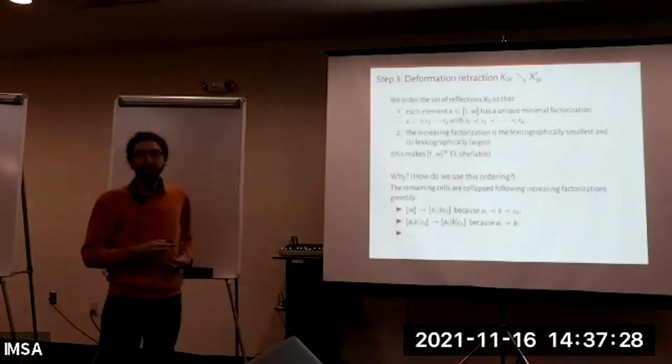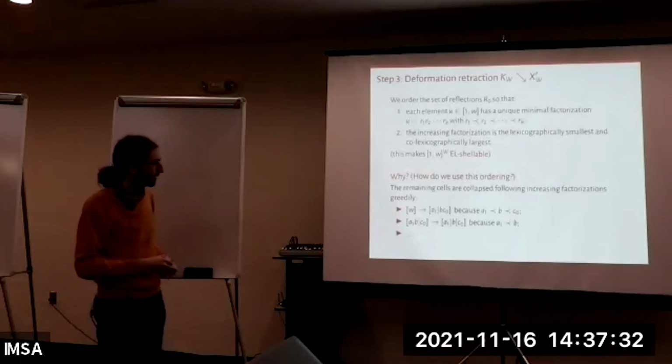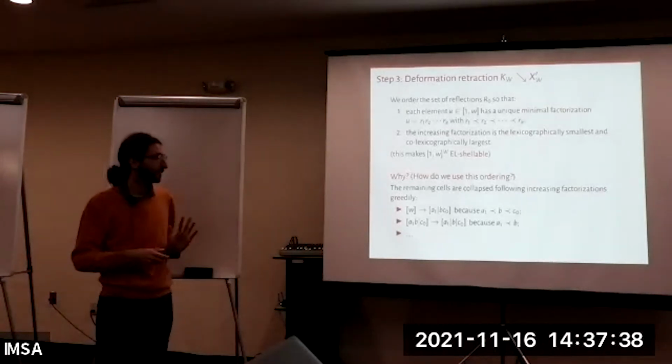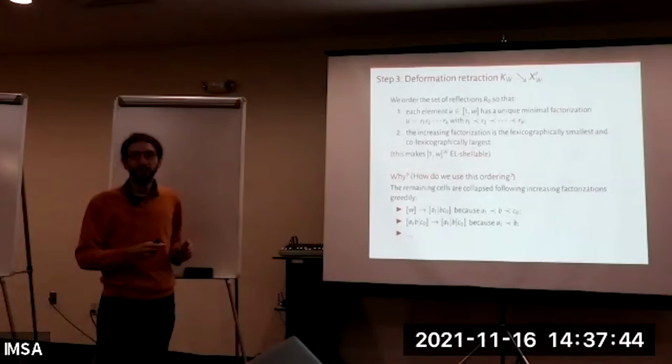So why is this construction useful? Without much detail, the point is that we define our discrete Morse vector field by matching cells using these kinds of canonical factorizations that we got.